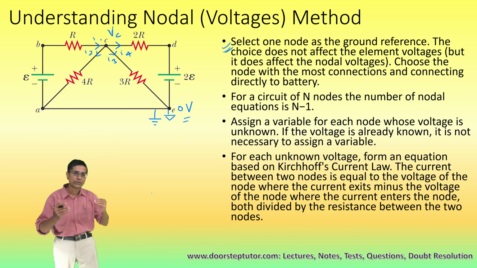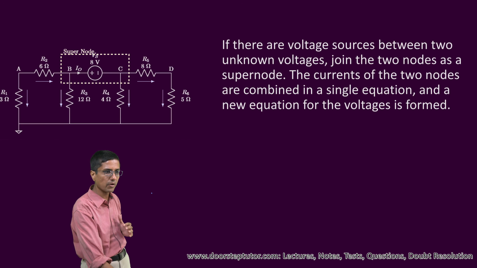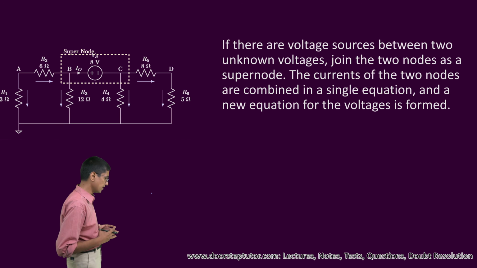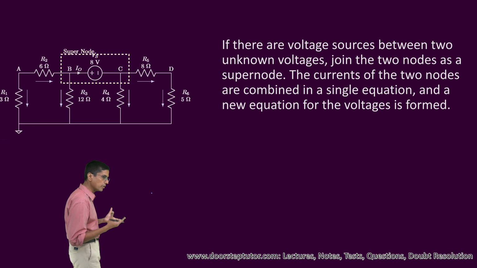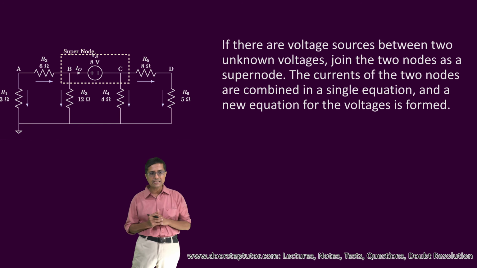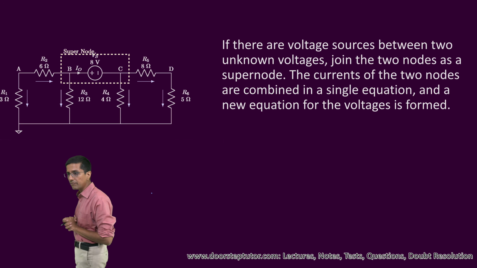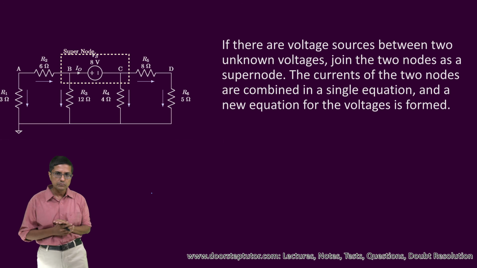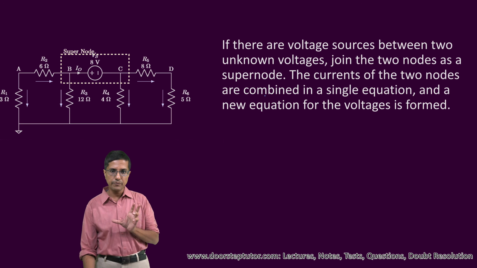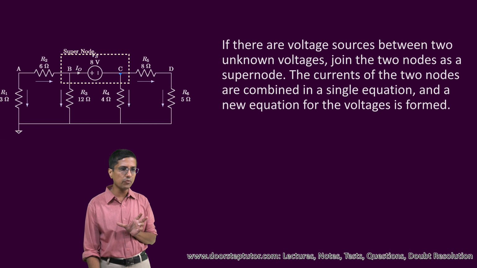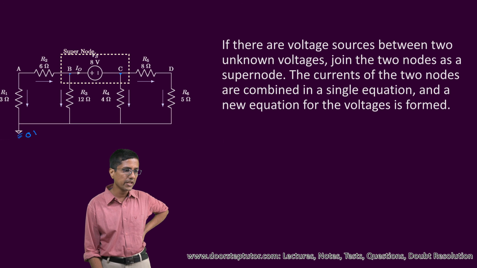Okay, so those are the steps to solving problems using the node method, or nodal voltages method. Now here is a slightly complicated example where we have two voltages which are unknown. In this circuit, we have already grounded this, so this becomes 0 volt, this becomes 0 volt.